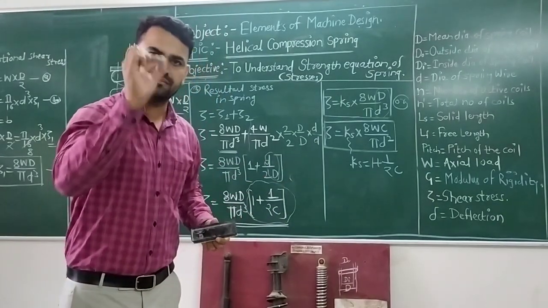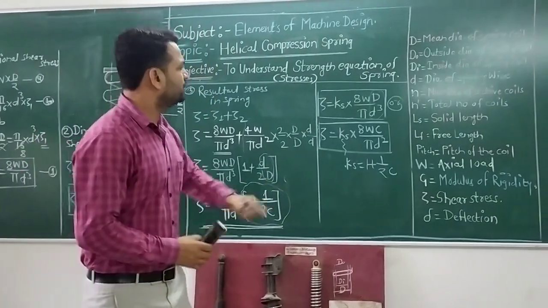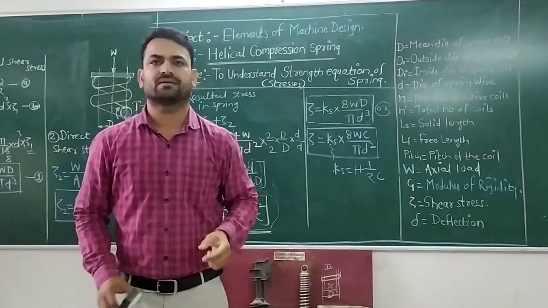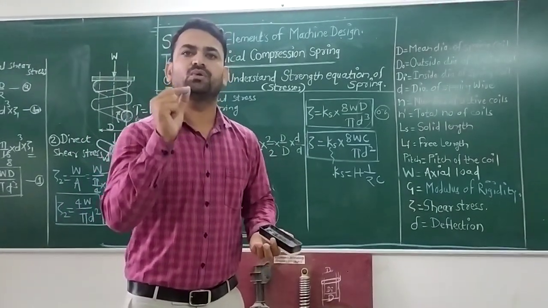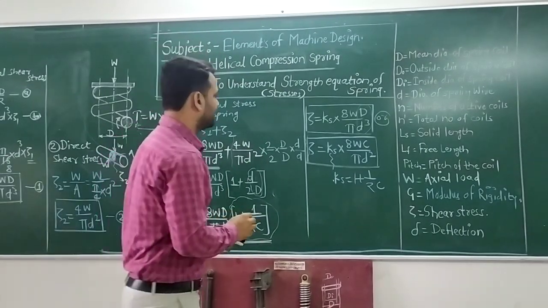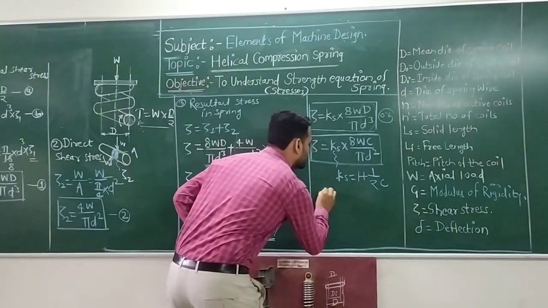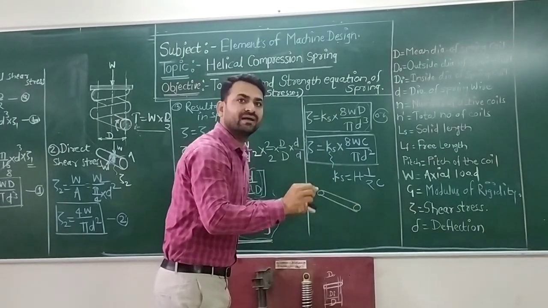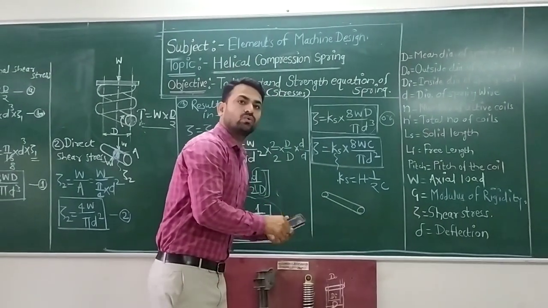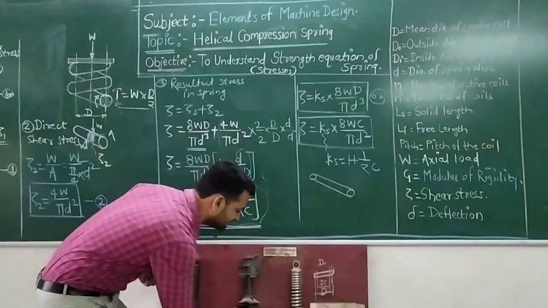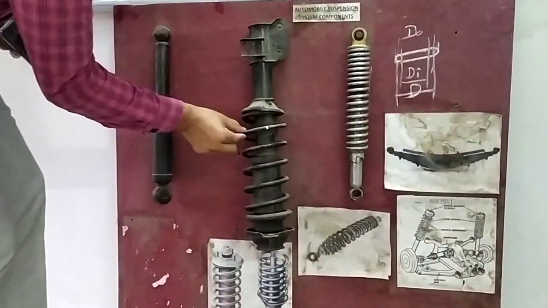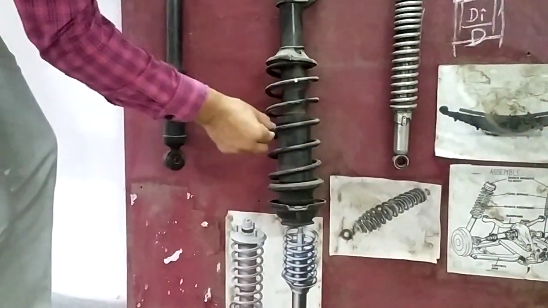Now, a last point that we have to consider. Up to this equation, only the shear stress factor is considered. But when a spring is going to be manufactured, as I already discussed, before manufacturing a spring is a wire, and to convert this wire into a spring we have to provide this curvature effect. So this is a curvature that we are going to provide on the spring.